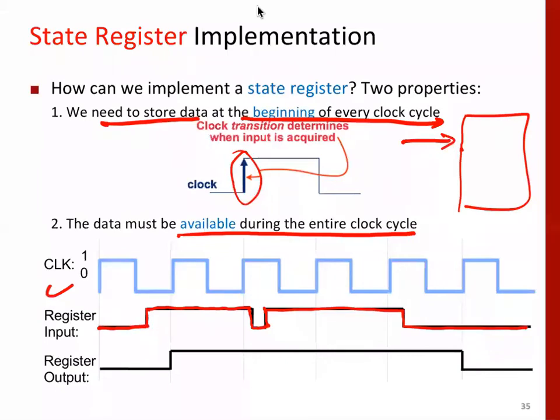Note the transition: the value may be 1 here, but the clock is low, and a transition can happen only on the rising edge. So now the register output will change based on this, and since this is 1, it will remain 1 until this becomes 0. Now if this becomes 0, note that there is no rising edge here, so it will wait for the rising edge, and when the rising edge happens here, the state transition will happen and the output of the register will change to 0.